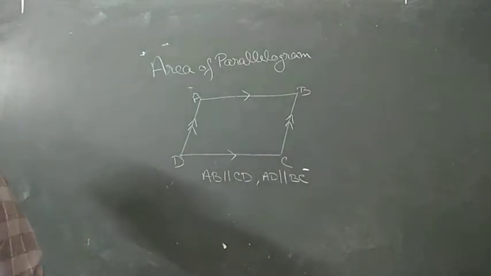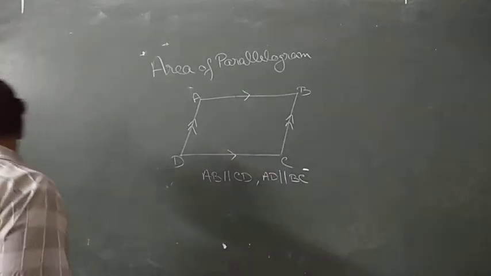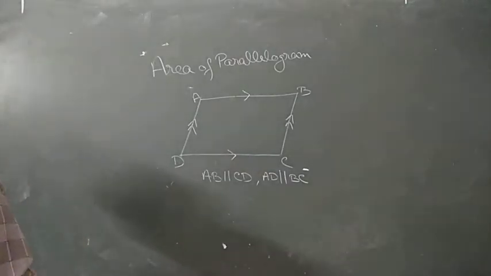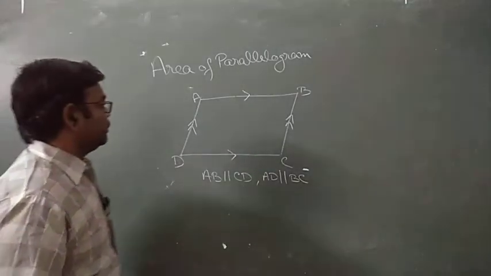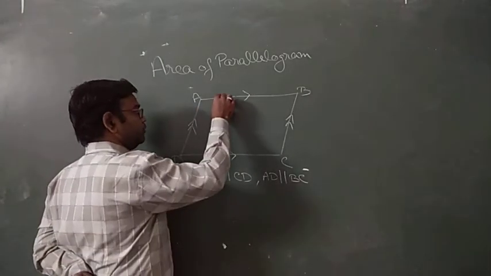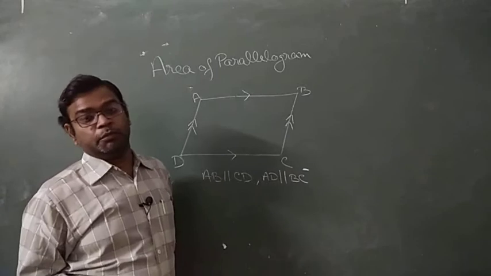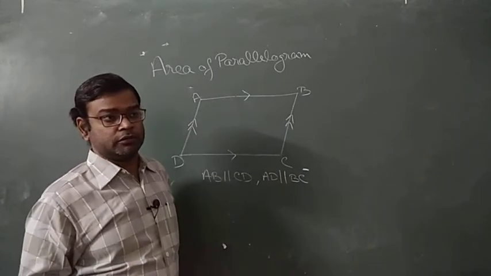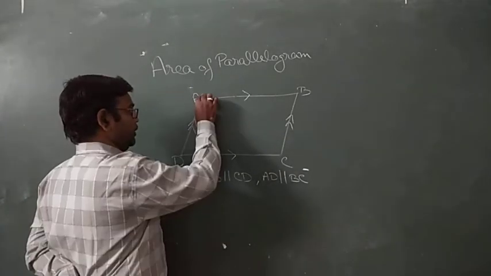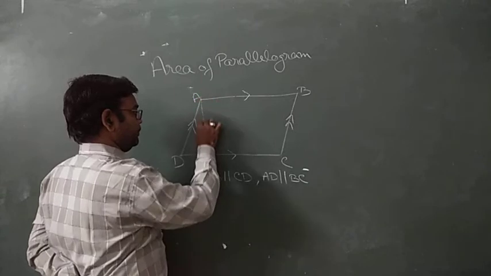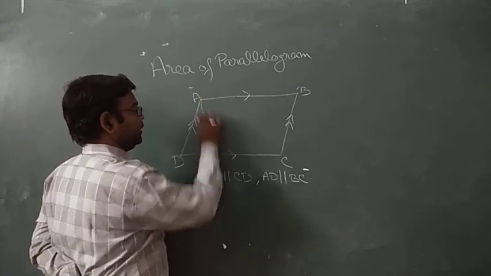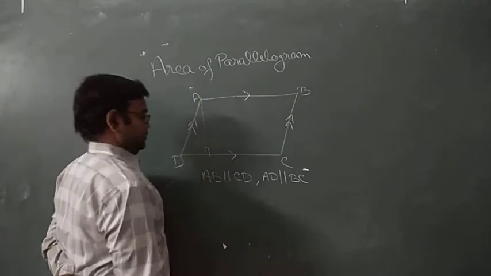How do we find the area of a parallelogram? Generally, we try to find the perpendicular distance between two parallel lines. Clear? See very carefully. This is the perpendicular distance between AB and CD.